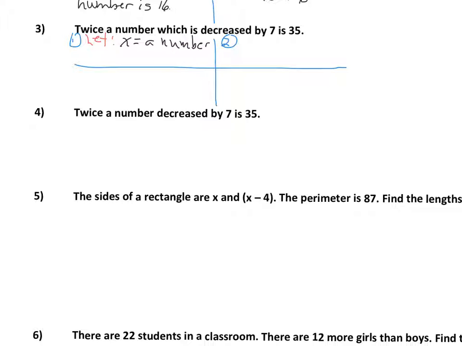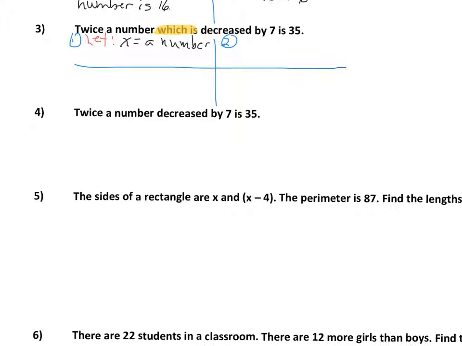The word which here, I'm going to highlight that for you, is the difference between the two sentences. So how does that affect our equation? Listen to how I pause in my voice when I read sentence number 3. Twice a number which is decreased by 7 is 35.